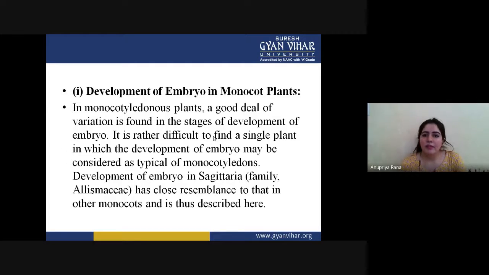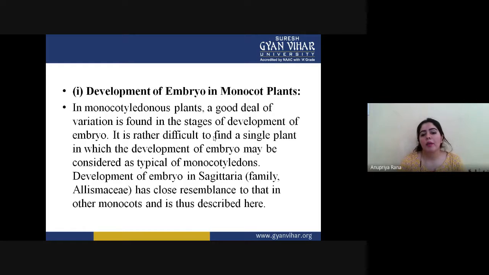But still, the scientists, after studying a lot of monocotyledon embryo development, found a plant which has a 70% similarity to all monocotyledons, or you can say this is the best example having the basic characteristics of monocot embryo development. What plant is it?